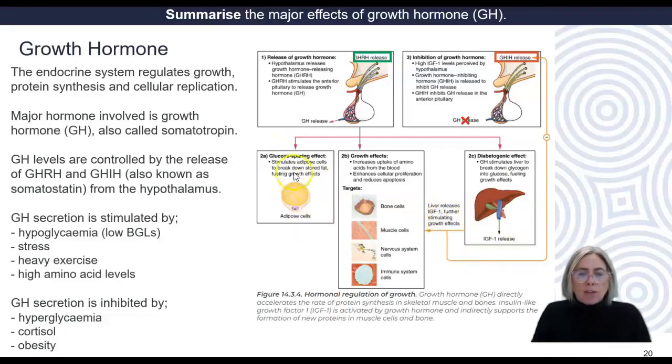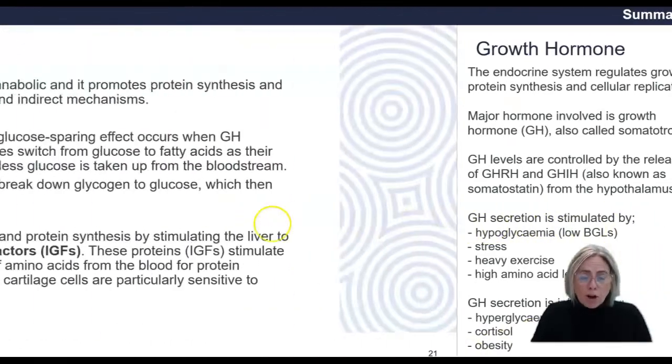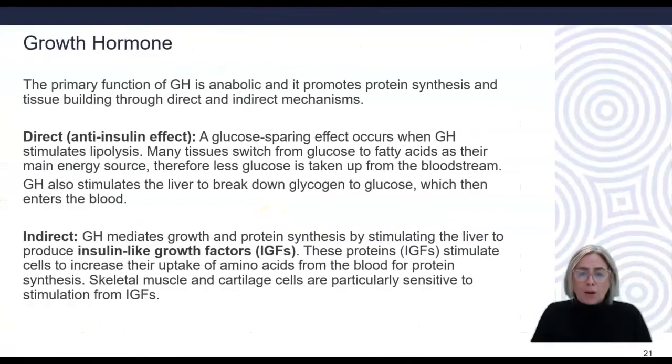Okay, so you can see the target tissues there, the liver, adipose, bone cells, muscle cells, nervous system, and also immune system cells. So the primary function of growth hormone is anabolic, and it promotes protein synthesis and tissue building through these direct and indirect mechanisms.